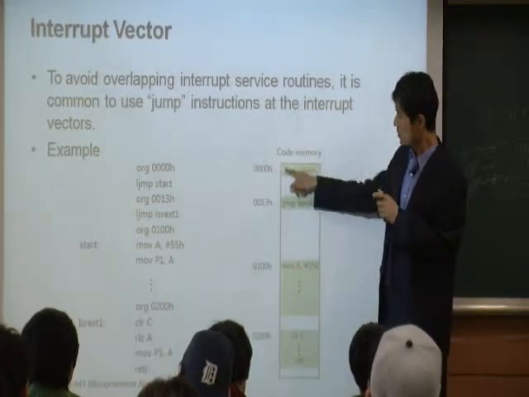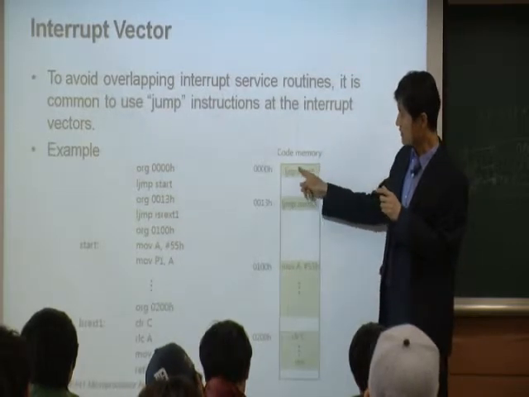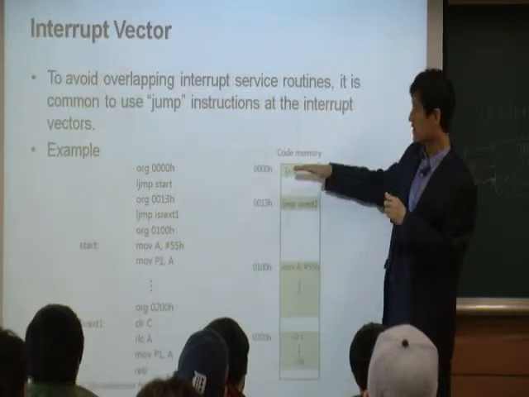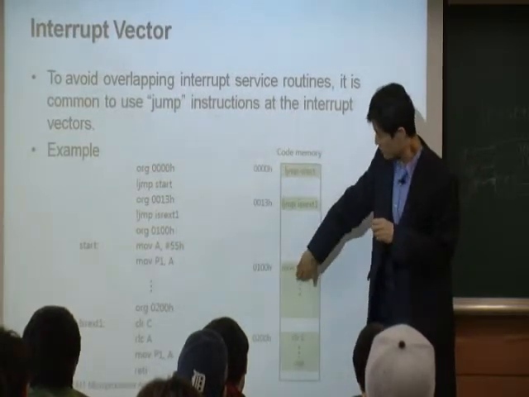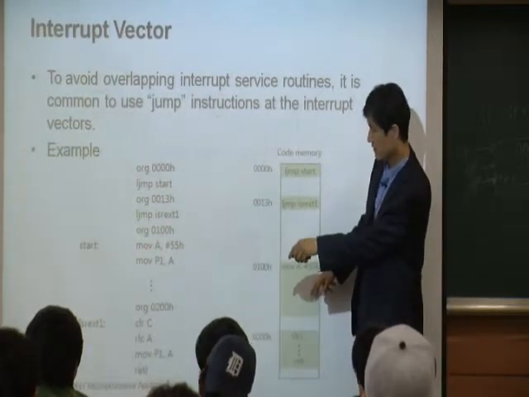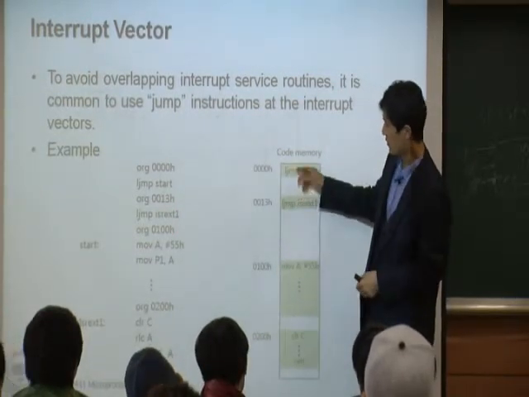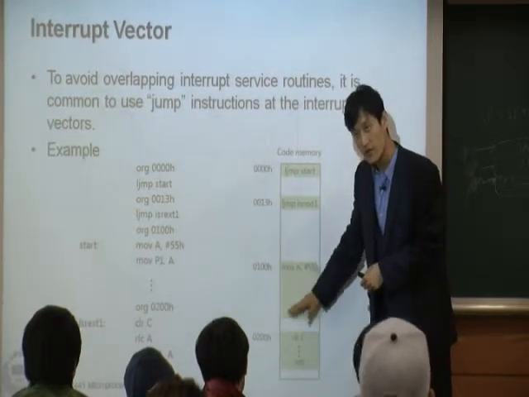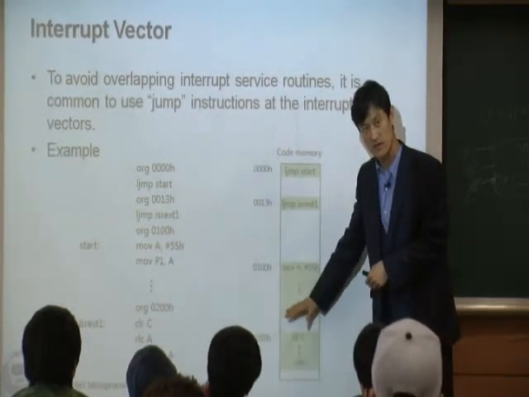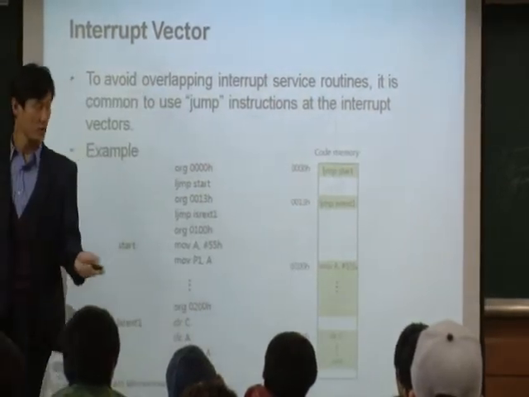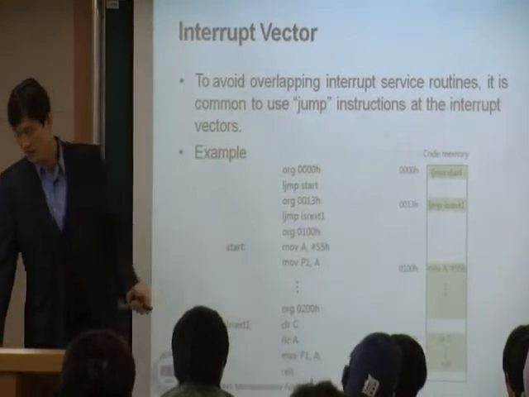This instruction is a long jump start, so it immediately jumps to start, which is at 100H. Then you continue, and this is where your program is. So you have a long jump start right here.